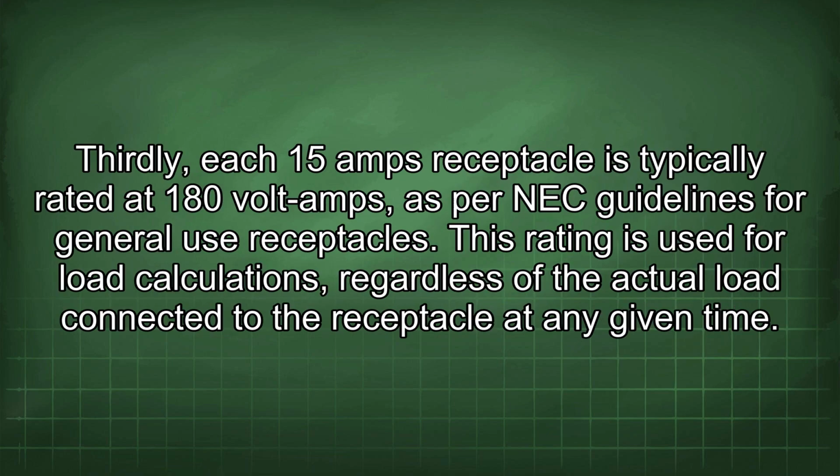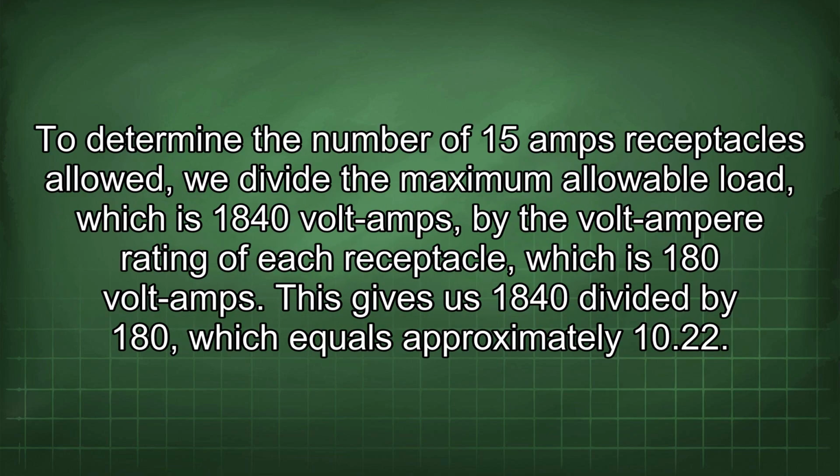Thirdly, each 15 amps receptacle is typically rated at 180 volt amps, as per NEC guidelines for general use receptacles. This rating is used for load calculations regardless of the actual load connected to the receptacle at any given time. To determine the number of 15 amps receptacles allowed, we divide the maximum allowable load, which is 1840 volt amps, by the volt-ampere rating of each receptacle, which is 180 volt amps.